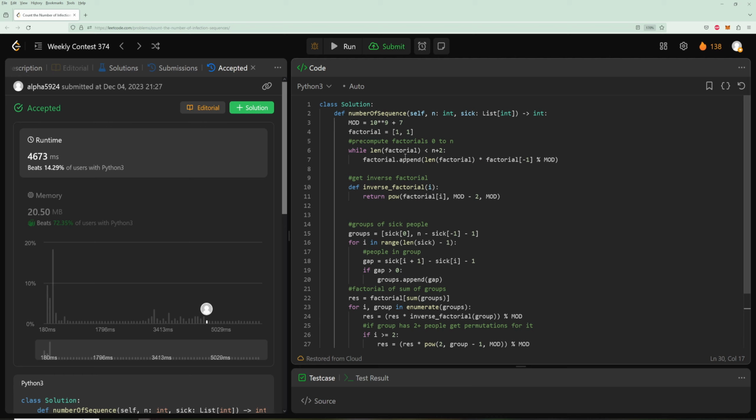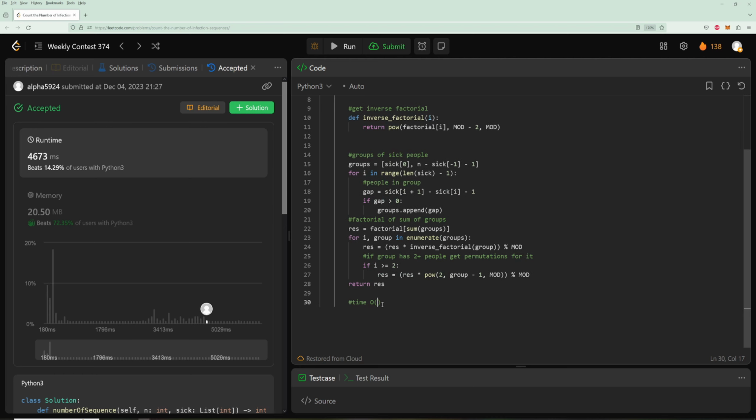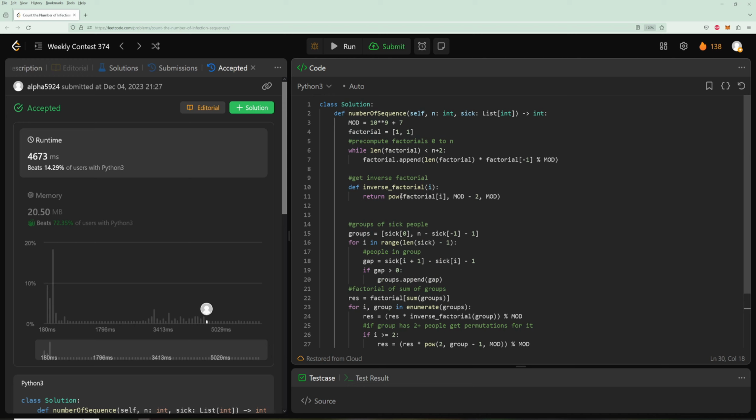So to compute every single factorial, because we're keeping these small, that's going to be O of n. And then to get an inverse factorial, technically, to get a number to a power that's really big like this is going to be a logarithmic function. But I think most people just treat this as O of 1 because, like I said, to the power you're basically going bit by bit.